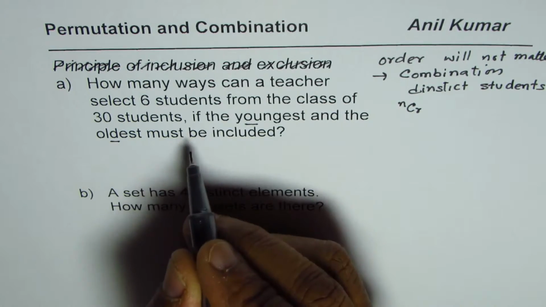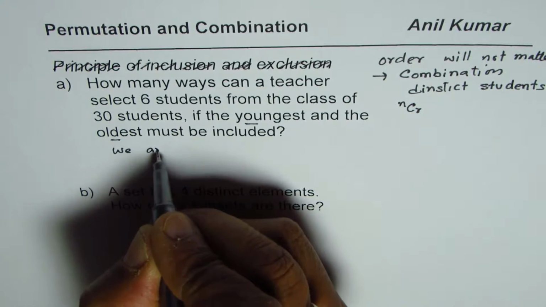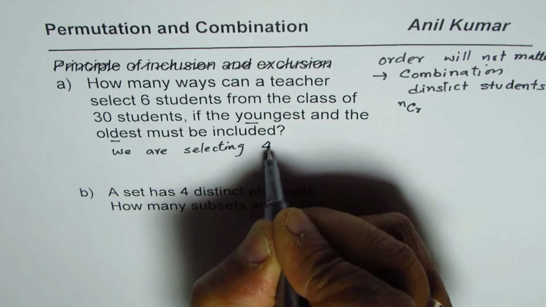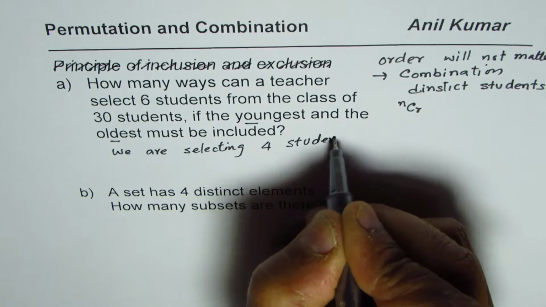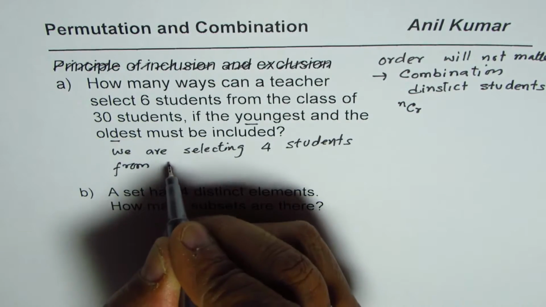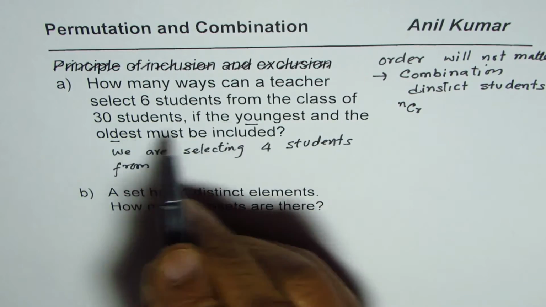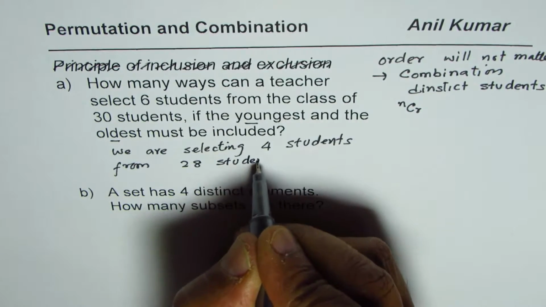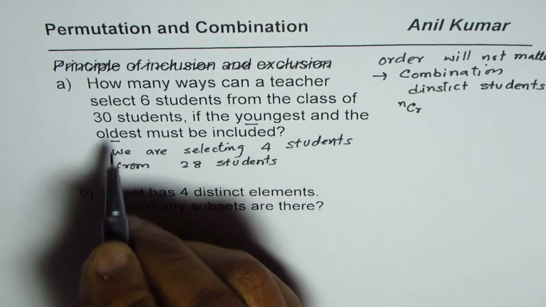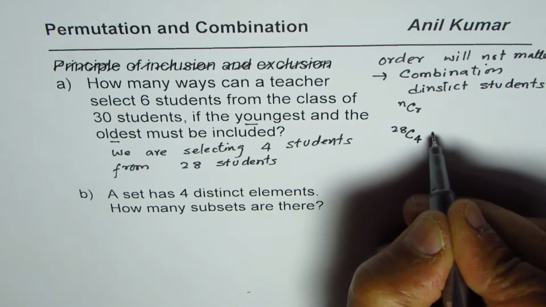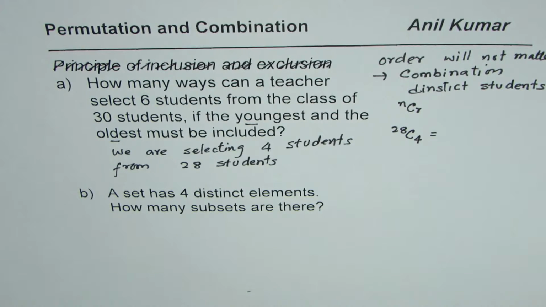So effectively, we are selecting 4 students from 30 take away 2, so we have taken away these 2, from 28 students. That gives us that the value should be 28C4. So that is the answer for this particular question. That is how we need to approach.